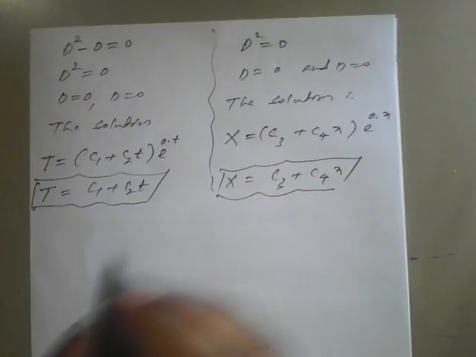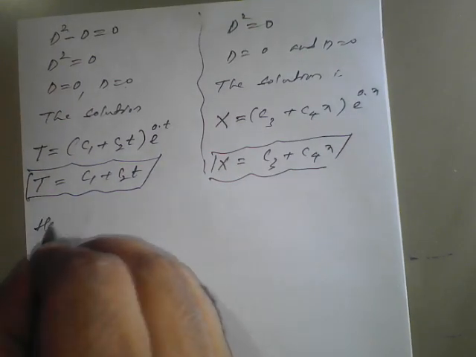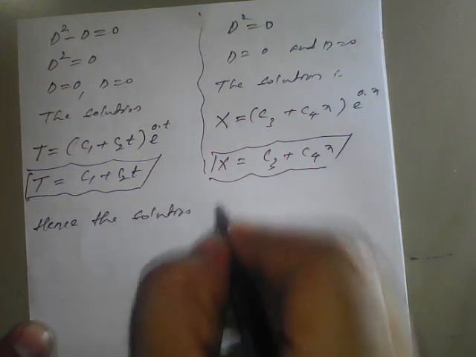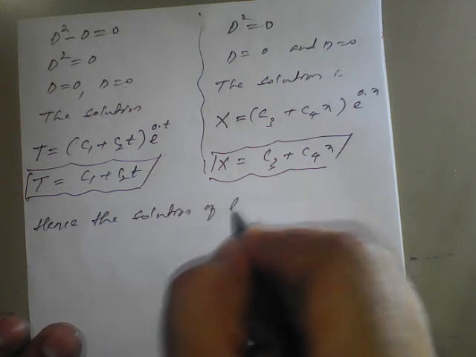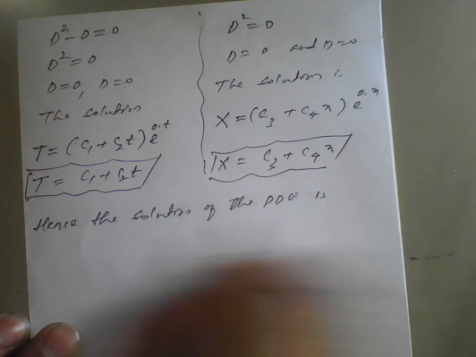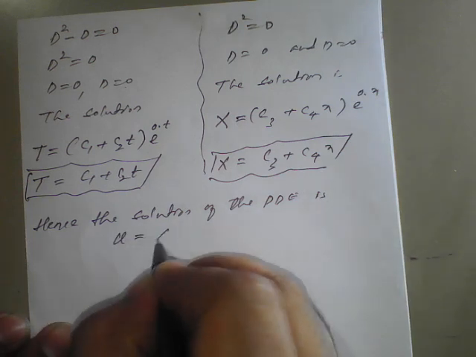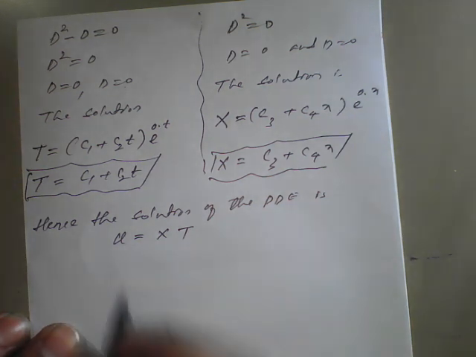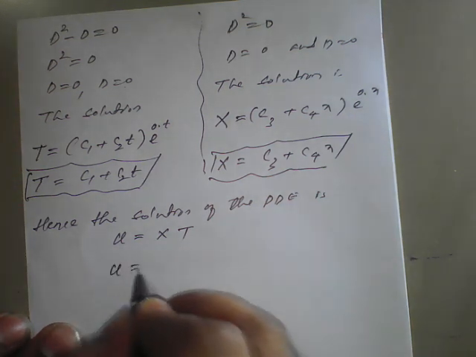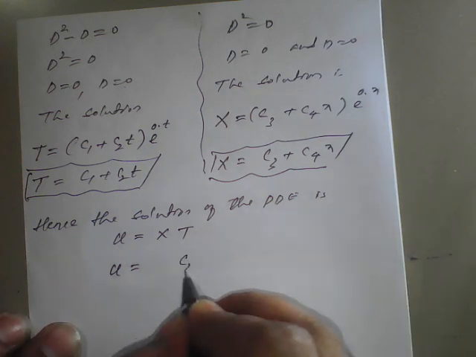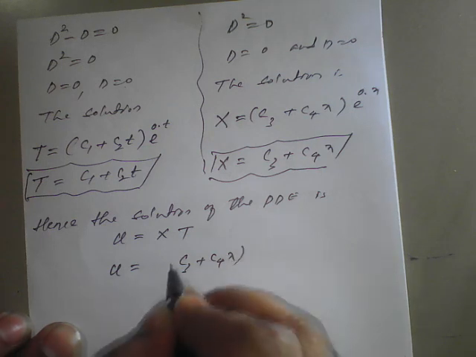So therefore, once we got these two, hence the solution of the PDE is u is equal to x into t or t into x, whatever we have taken. So therefore u is equal to c3 plus c4x into t.